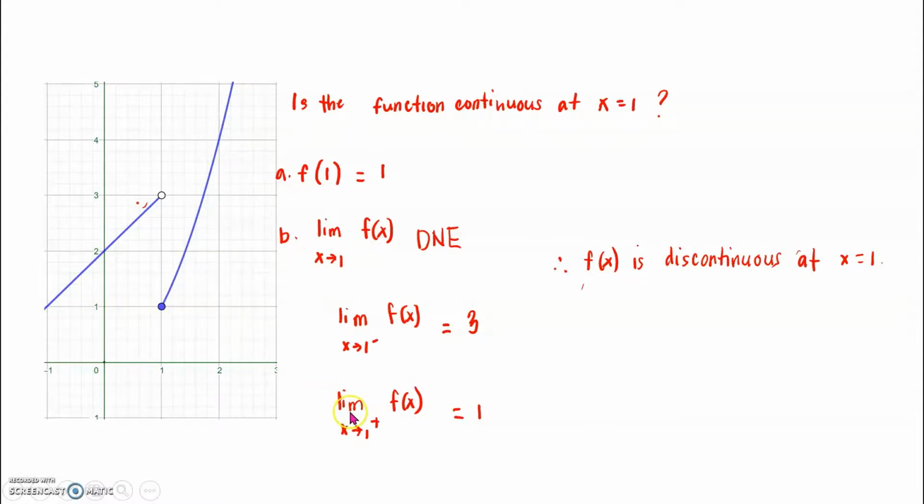So our right-hand limit is 1. Since our left-hand and right-hand limits are not equal, the limit of the function as x approaches 1 does not exist. Since the function failed at the second condition, f of x is discontinuous at x equals 1.